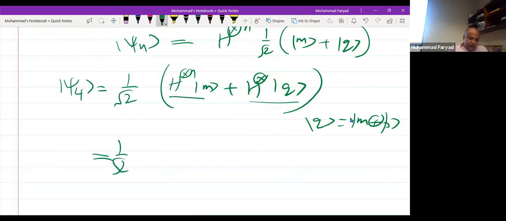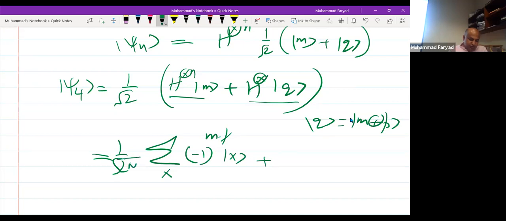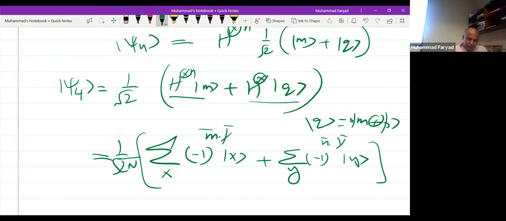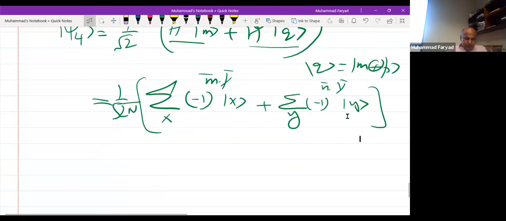So let's use the definition of Hadamard. So sum over x of minus 1 power m dot x, x, plus, and there's 1 over square root n, let me take it common outside, sum over y of minus 1 power n dot y, y.